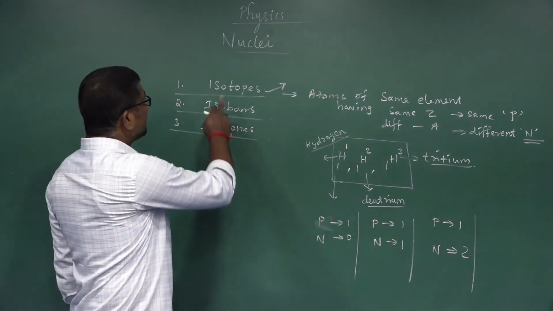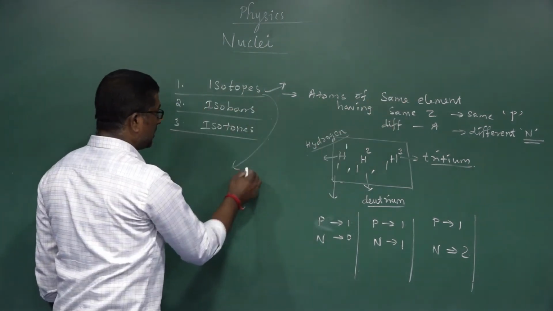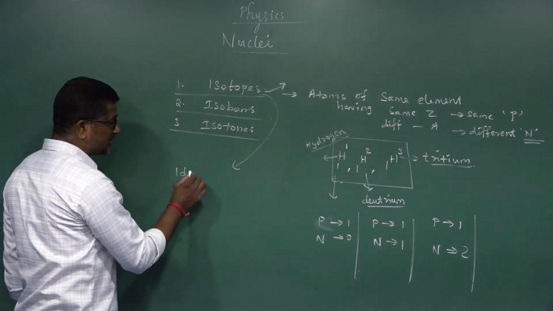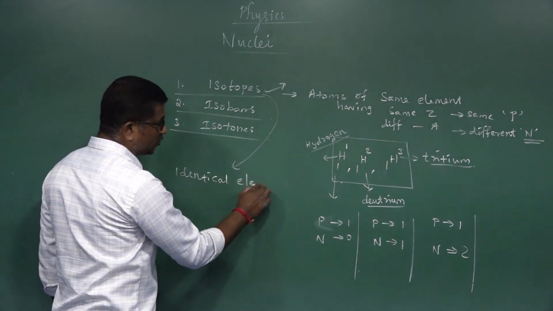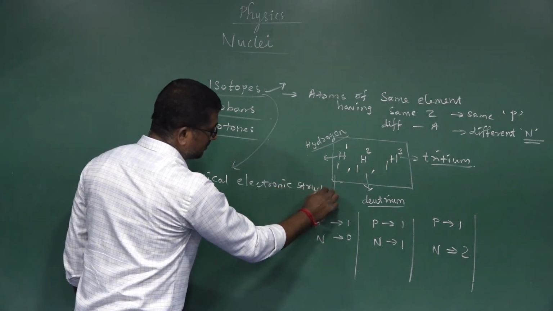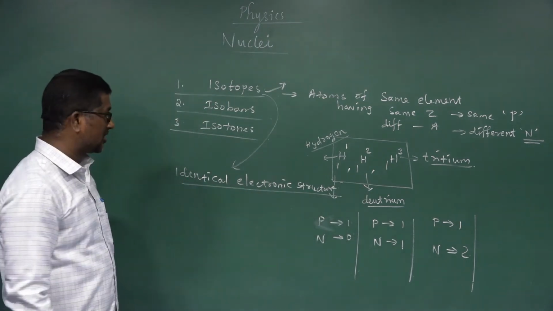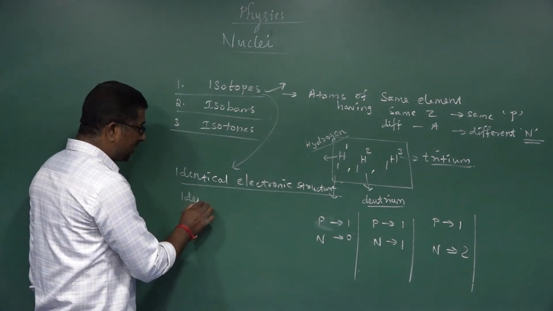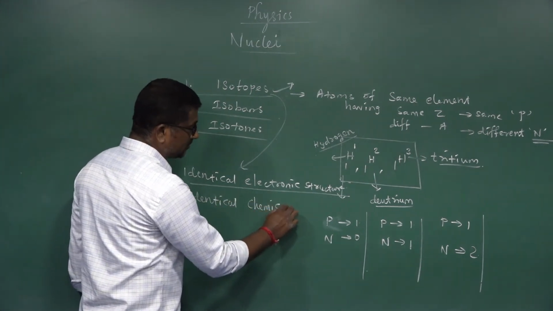Okay, and here the isotopes are the atoms of the same element, so they have identical electronic structure and also identical chemical properties.